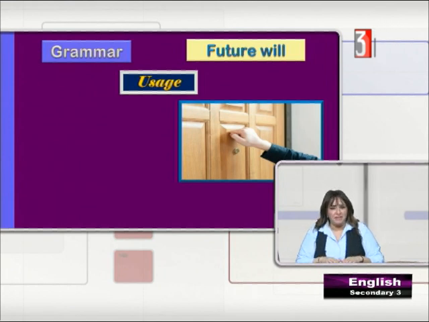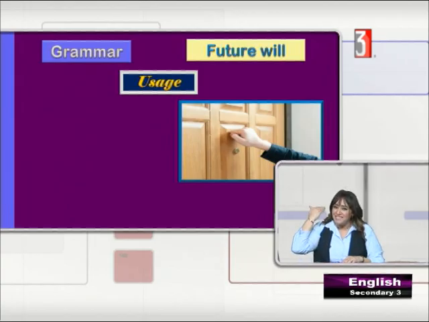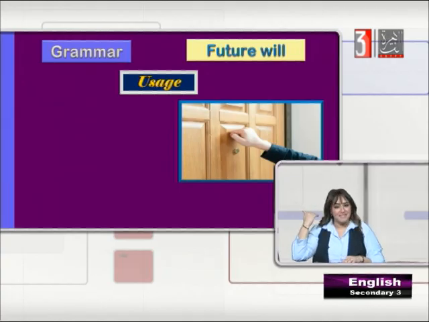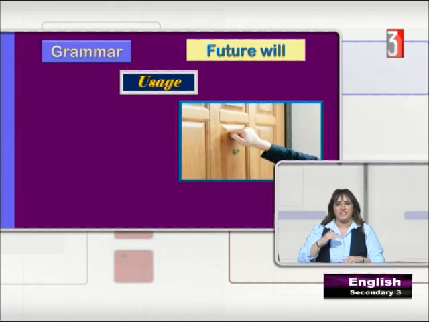How many narrative tenses do we have? We have 12 main narrative tenses. What are these narrative tenses? Let's start from the past: past simple, past continuous, past perfect, past perfect continuous. Present: present simple, present continuous, present perfect, present perfect continuous.